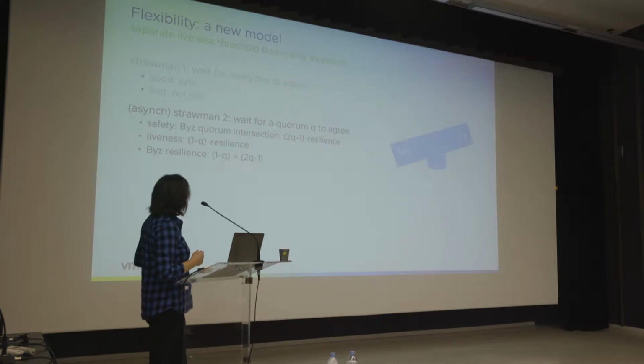So obviously, we need at most N minus Q to be faulty. Otherwise, there's no hope of collecting participation from the remaining Q. So if Q is the size of this quorum, N minus Q is a bound on the fault tolerance for liveness. This is not very deep math.